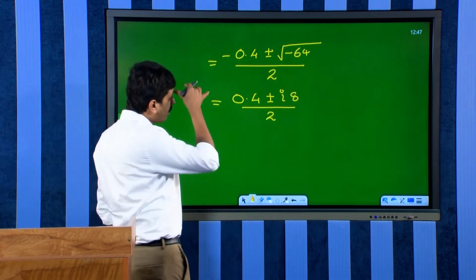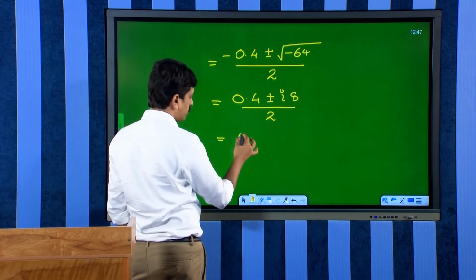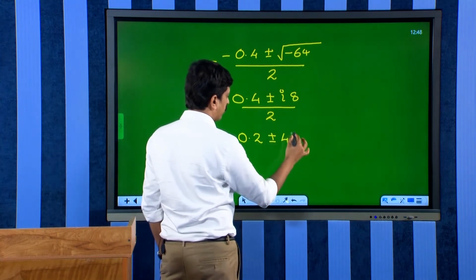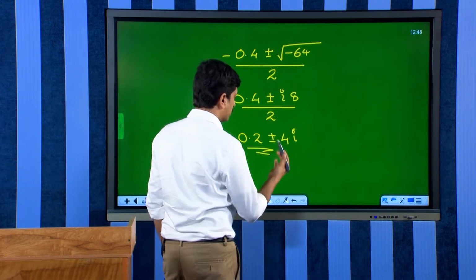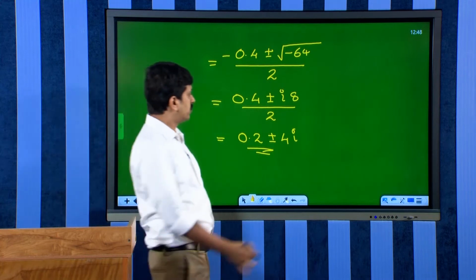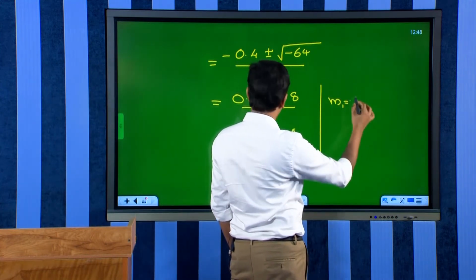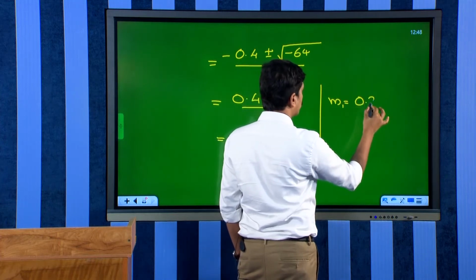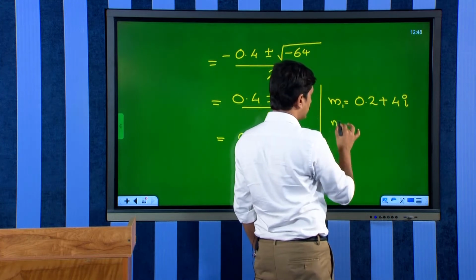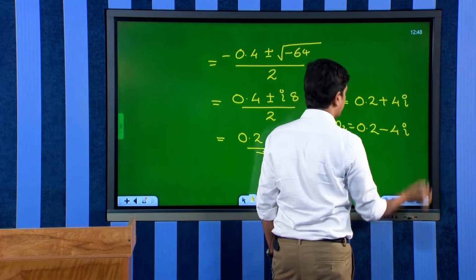Finally, dividing this by 2, 0.2 plus or minus 4i is the solution. That is m1 is equal to 0.2 plus 4i and m2 is equal to 0.2 minus 4i.